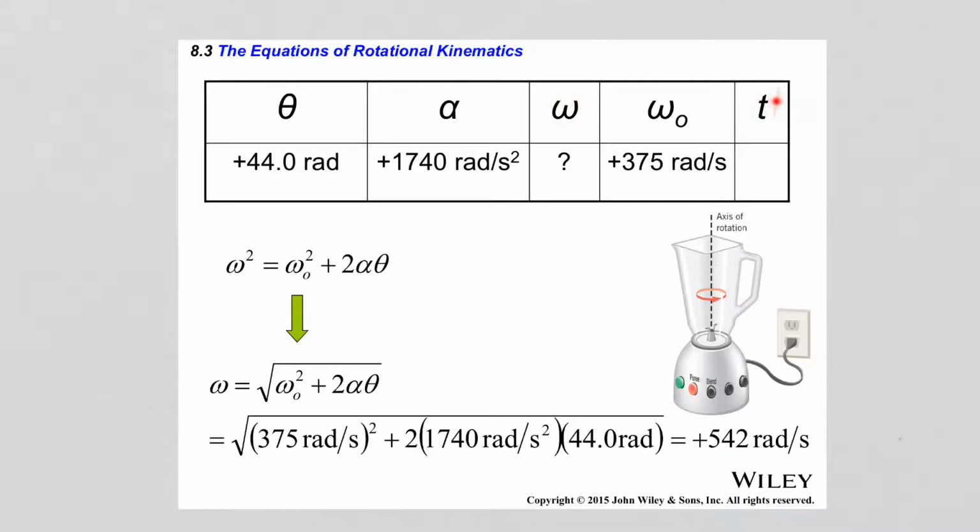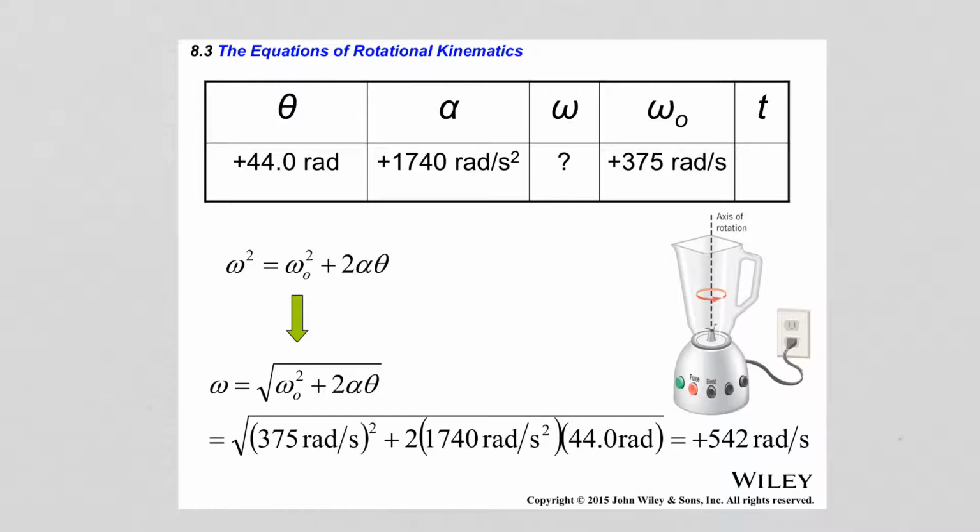I do not know how long it took for the angular velocity to change from the initial value to the final value. So therefore, looking at the kinematic equations for rotational motion, this equation here has all these known variables and the unknown variable. So replacing the known values in this expression gives me the final angular velocity is 542 radians per second.